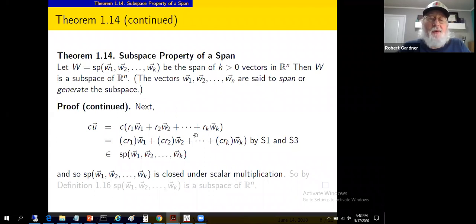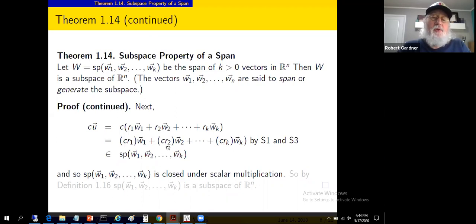It was the one with the R's as coefficients. We're distributing here. Yes, it's distribution of scalar multiplication over vector addition. So distribute the C over that sum, producing something of this sort. All right. Hey, that's a scalar times W1 plus a scalar times W2 plus a scalar times W sub k.